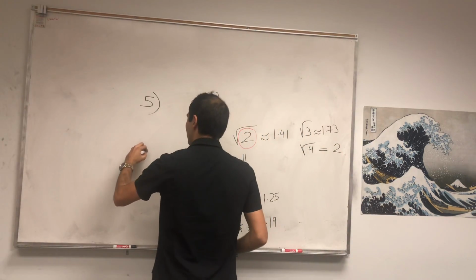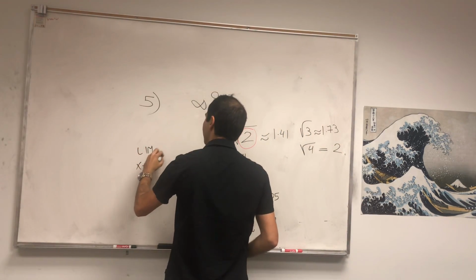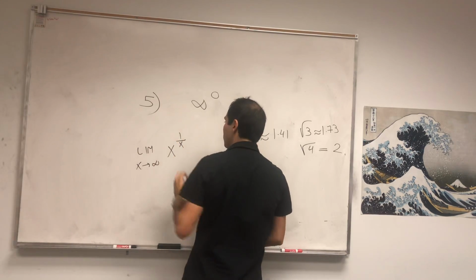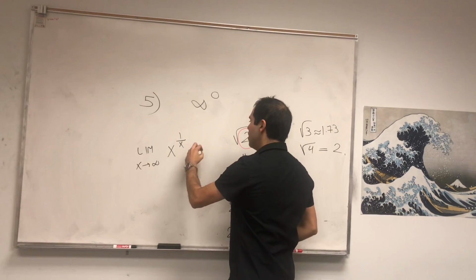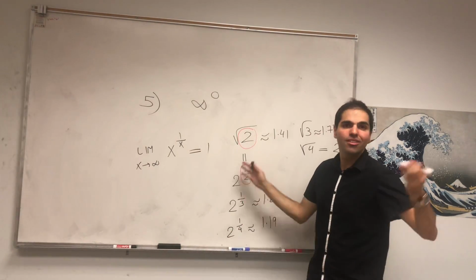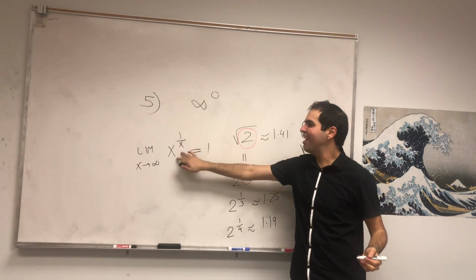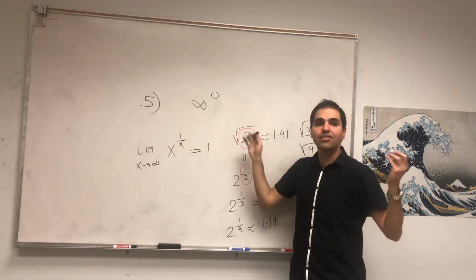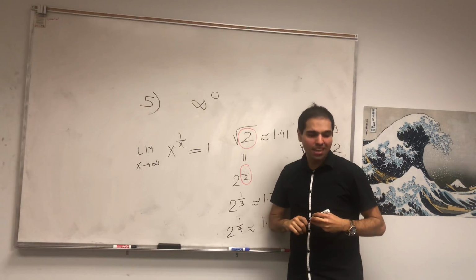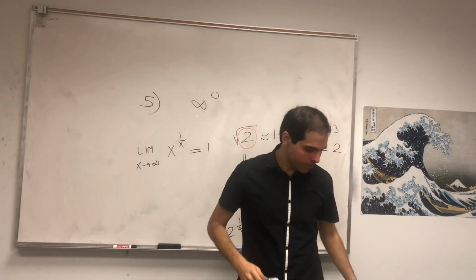For instance, you can show that the limit as x goes to infinity of x to the 1 over x, where this goes to infinity and this goes to 0, is actually 1. But you can modify the base and the exponent to make this go to 0, to infinity, to whatever you want.